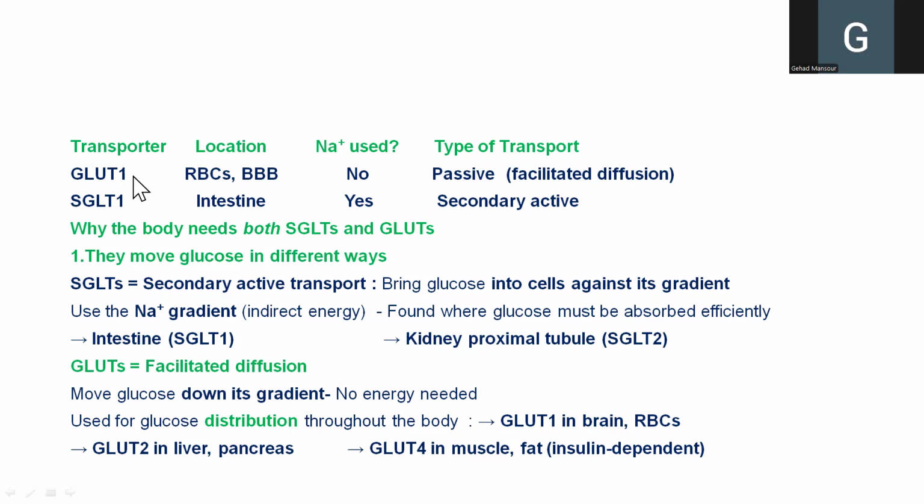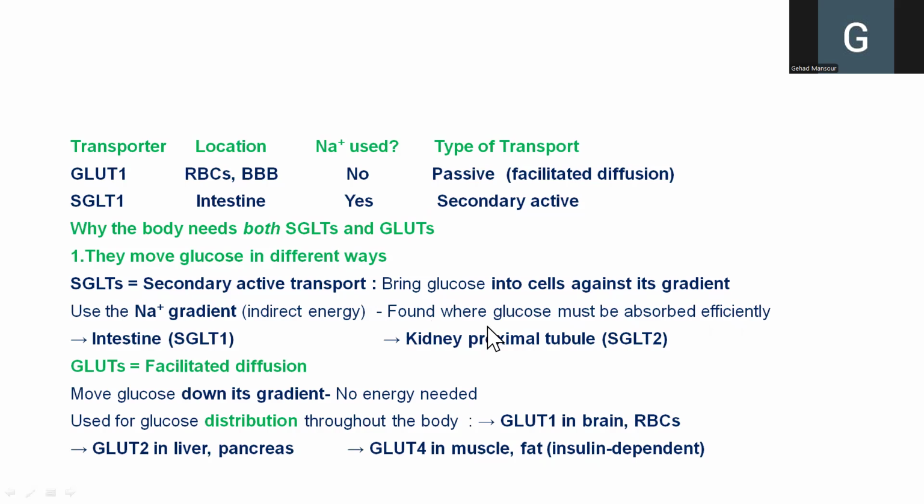In the case of the GLUT1 transporter that we saw in the red blood corpuscles, it was with or down the concentration gradient, because we were just moving the glucose from the blood where it had a higher concentration to the inside of the red blood corpuscle where it had a smaller concentration. But when is it necessary to use the sodium glucose linked transporter 1? When we want to accumulate glucose inside the cell against the concentration gradient.